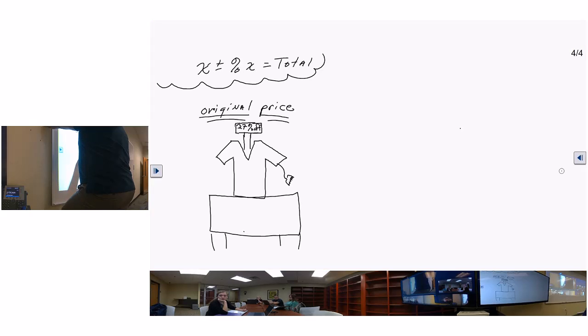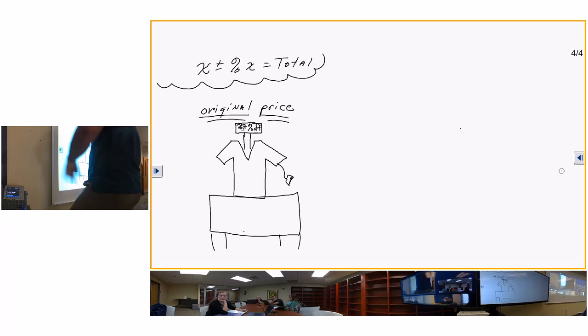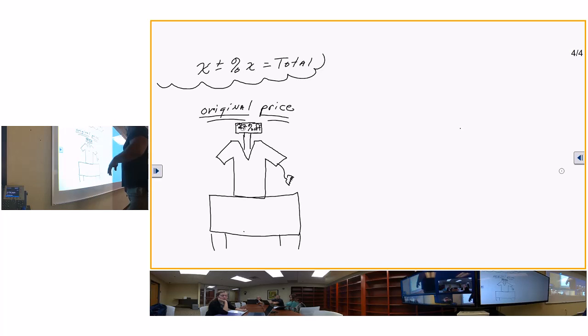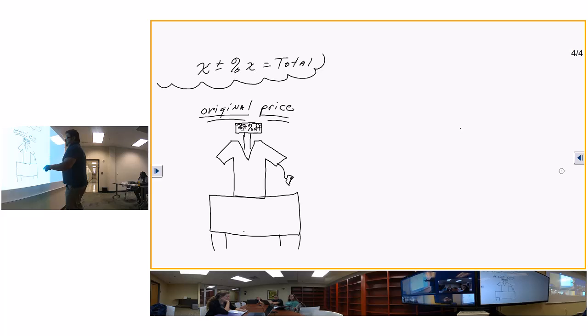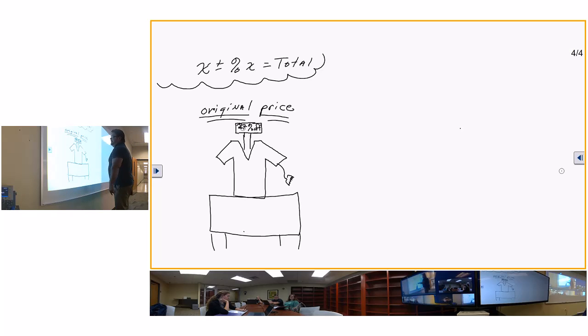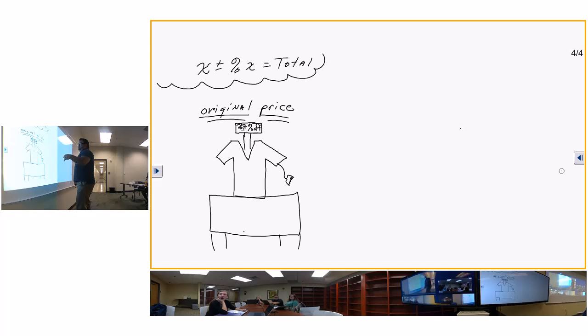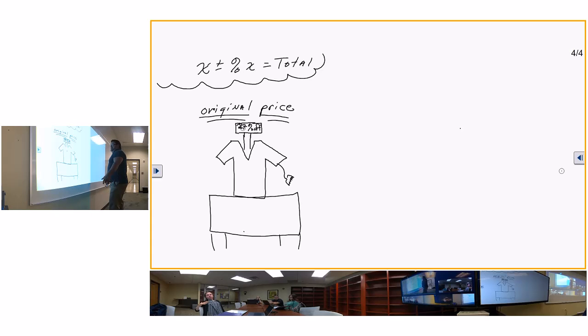So you got a bin of shirts wrapped in plastic, and they don't have tags on them. This one's tag is ripped off, and you go up to the cash register, and it scans for $15.52.